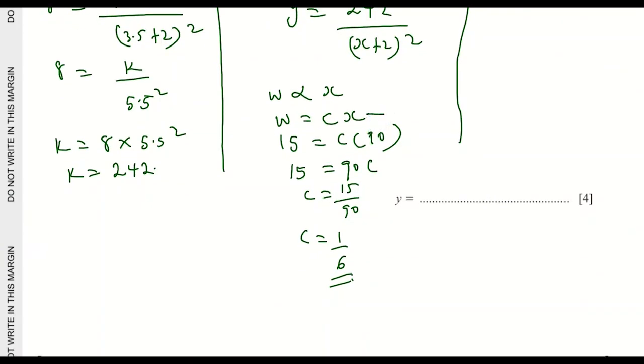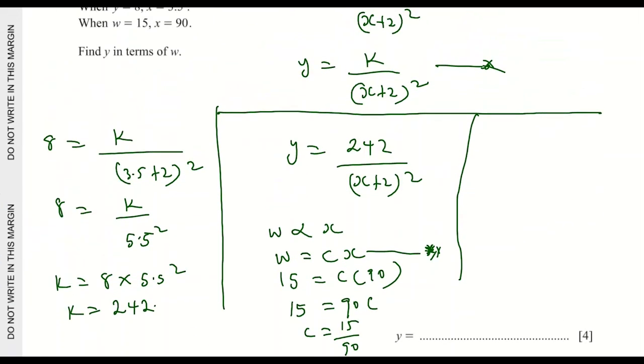So this particular equation now, we change to w equals, c is 1 over 6, so w equals 1 over 6x. So we need to make x the subject of the formula. So it implies that x equals 6w. So that is what it implies.